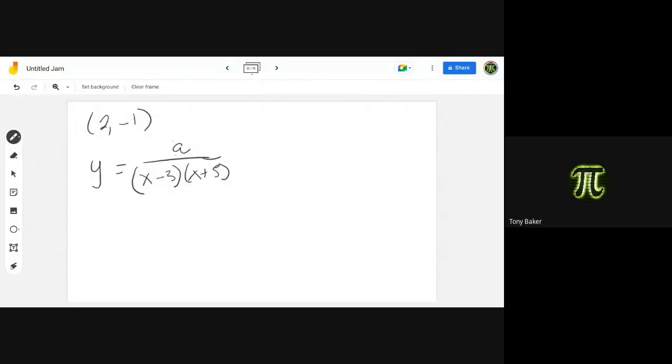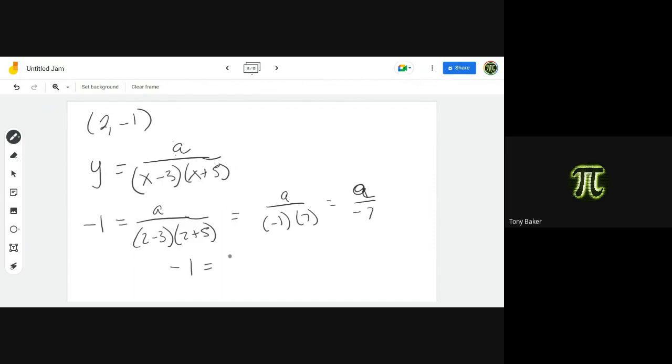They gave me a point, so I can plug it in and find a. So I've got -1 equals a over 2 minus 3 and 2 plus 5. So a over -1 times 7, a over -7. So -1 equals a over -7.